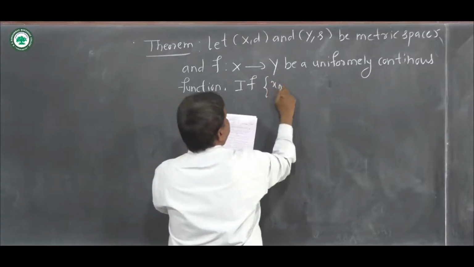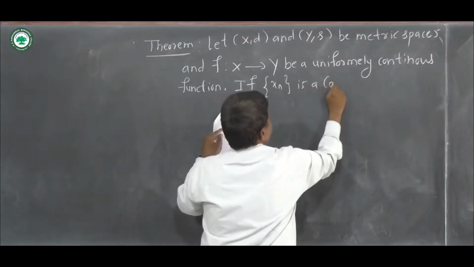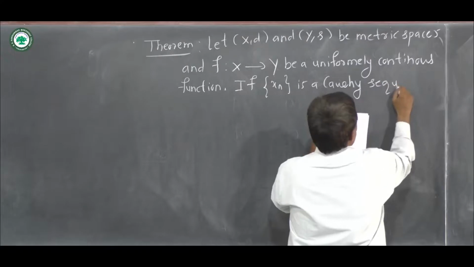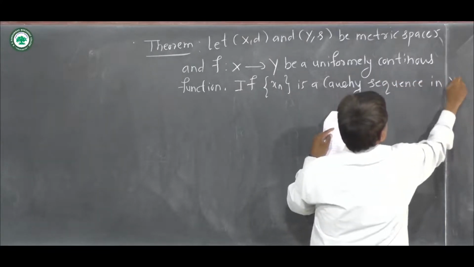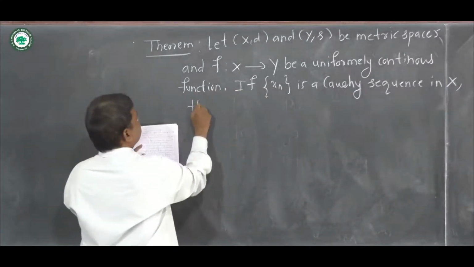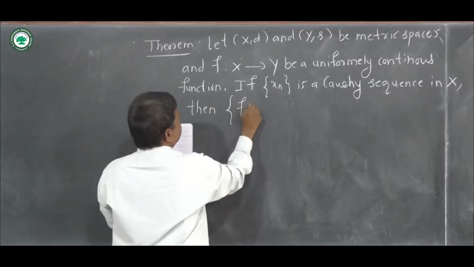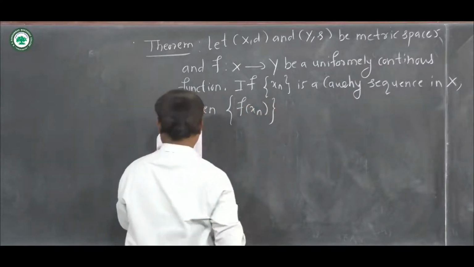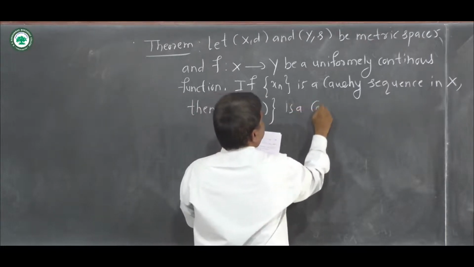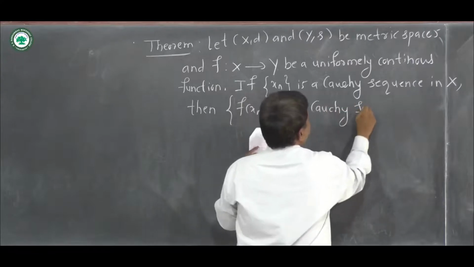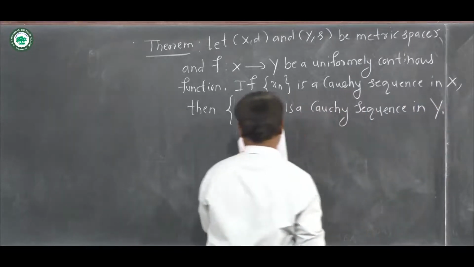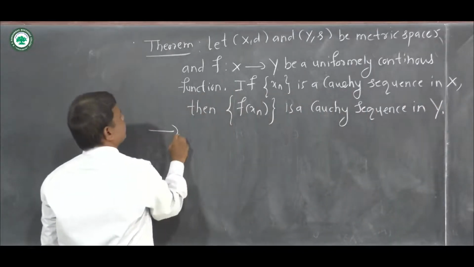If the sequence xn is a Cauchy sequence in X, then its image, that is f of xn, under f is a Cauchy sequence in Y.